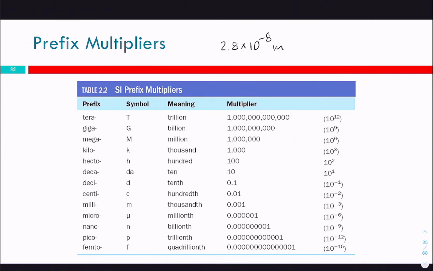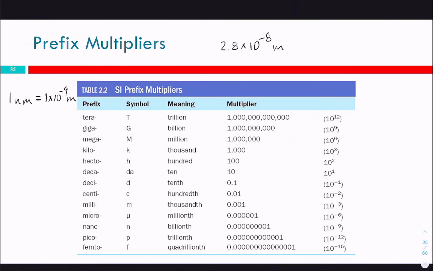So if we wanted to convert meters into nanometers, our conversion factor, I'm going to write it. So 1 nanometer would be 1 times 10 to the negative 9 meters. You see I pulled that 1 times 10 to the negative 9 right off of here. So 1 nanometer is 1 billionth of a meter.